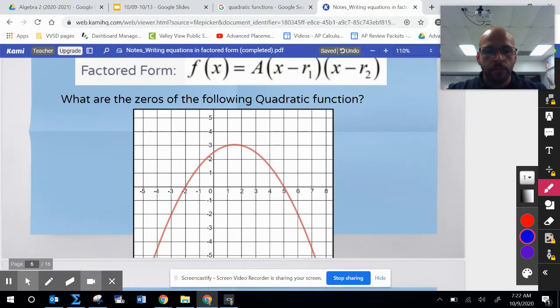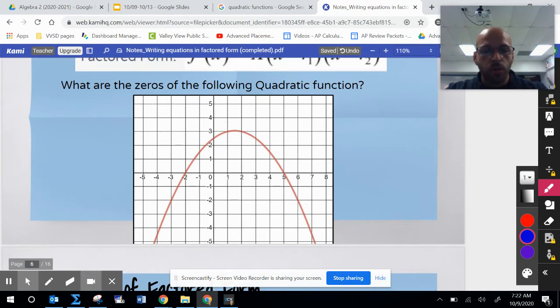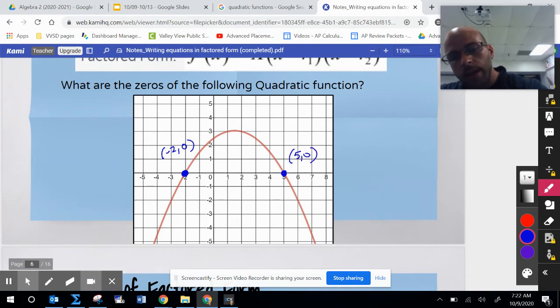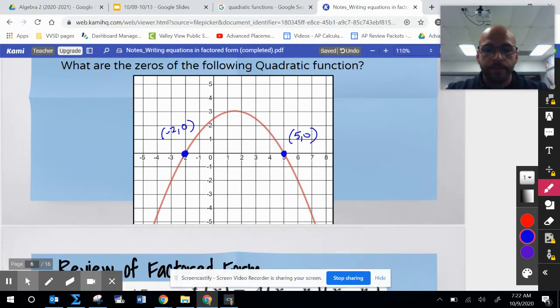Continuing on, where are the zeros for this quadratic function? Well, same. Where does it cross the x-axis? So I get a negative 2, comma 0, and a positive 5, comma 0. Those would be my two x-intercepts, or my two zeros, right?